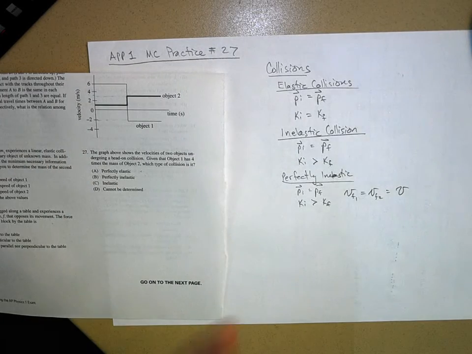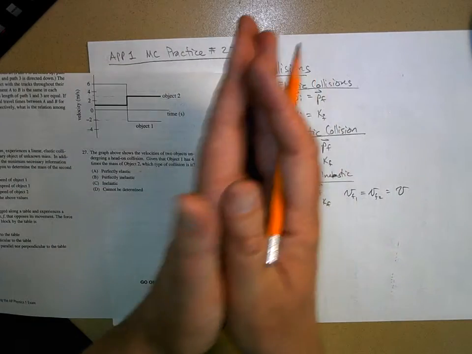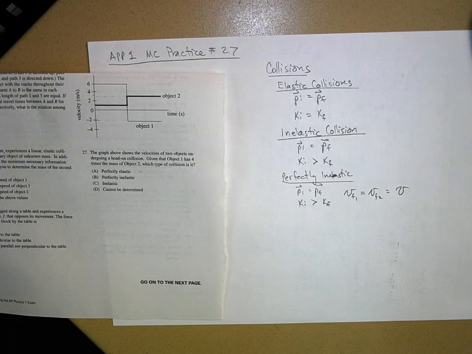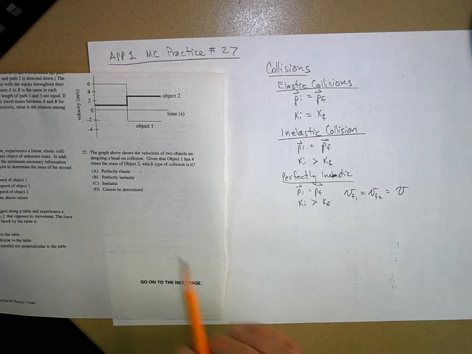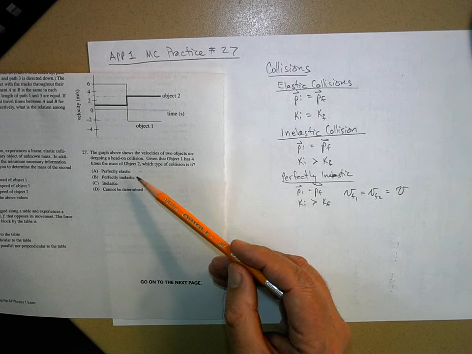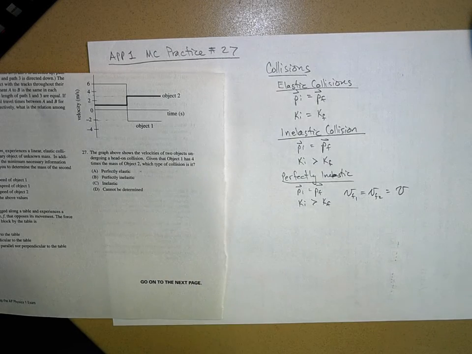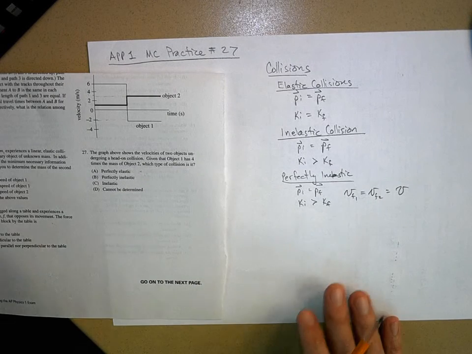So they don't have the same final velocity. They bounced off each other. They came together and then bounced off, and now they're moving apart. So it's not perfectly inelastic. That means maybe it's an elastic collision, or maybe it can't be determined. Let's find out.